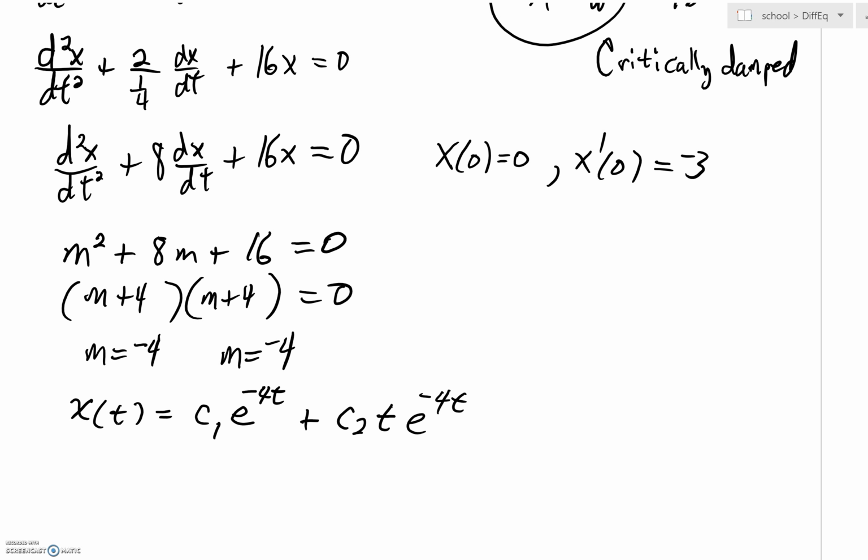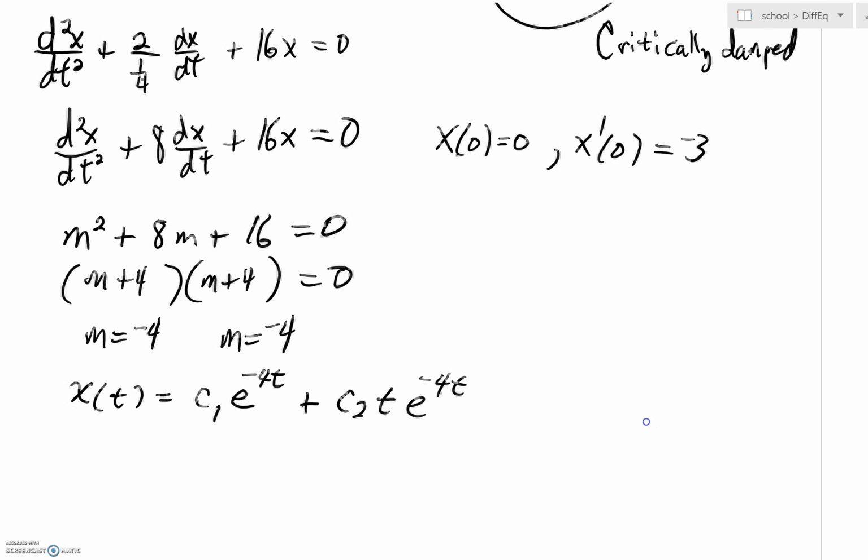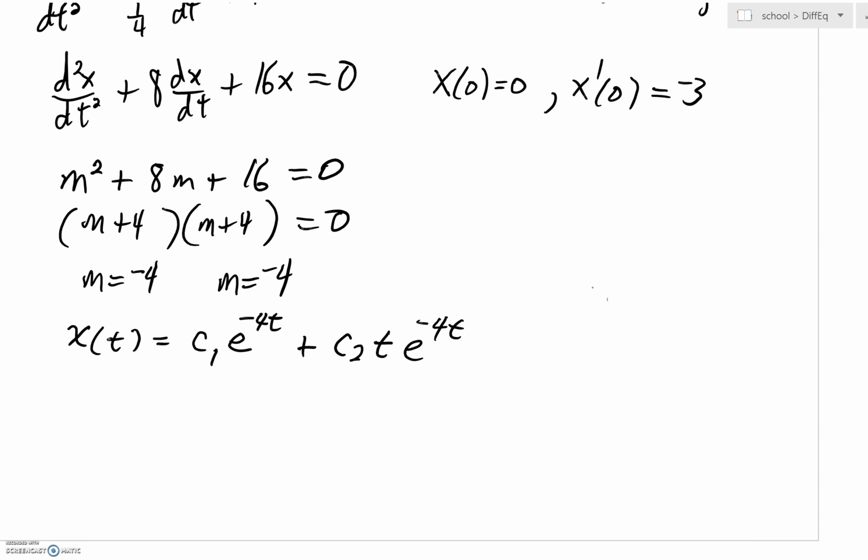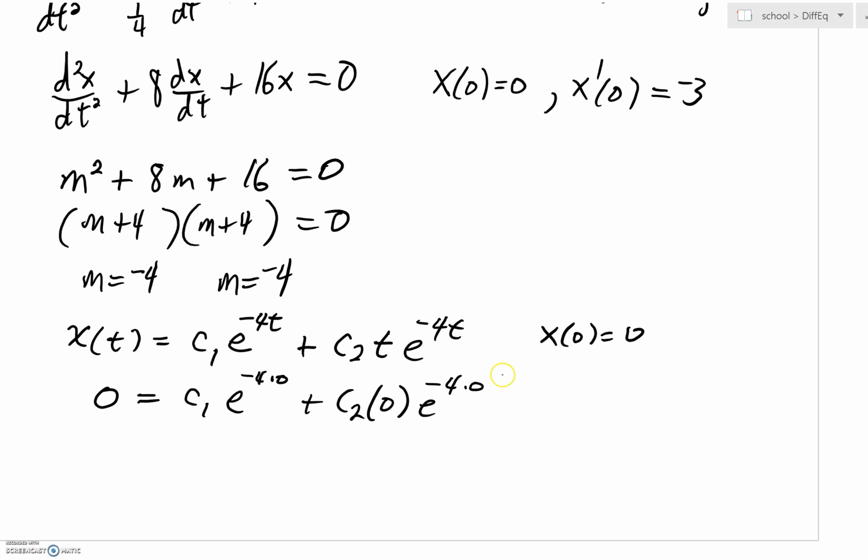All right, so the only thing that remains now is to find out what our C1 and our C2 would actually equal. I could go ahead and plug in my initial condition. I could say, look, you're going to be at position 0 when you plug in t equals 0. So plugging in a t of 0 in that second solution is really nice.